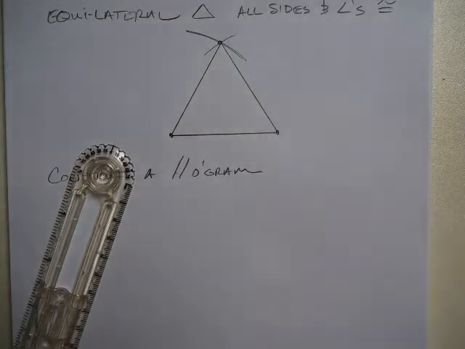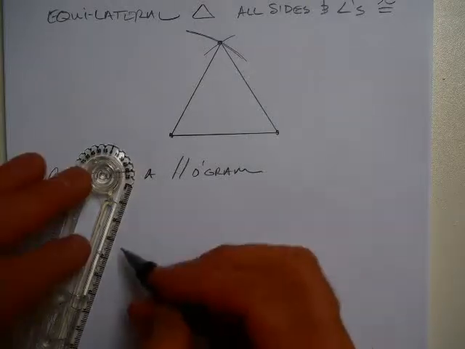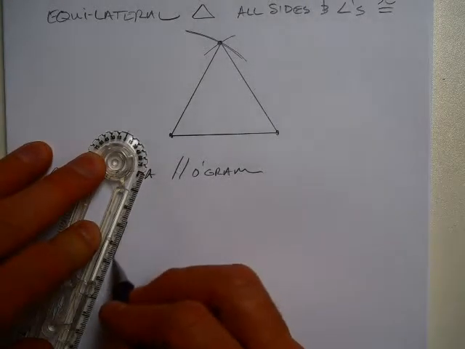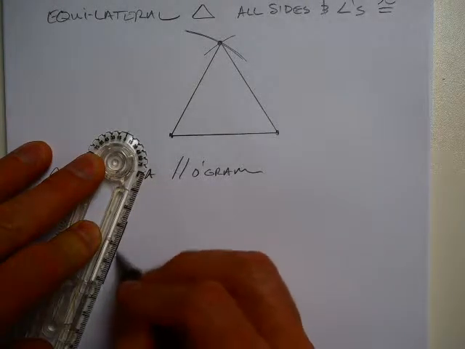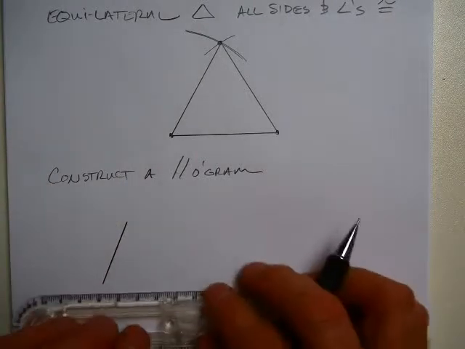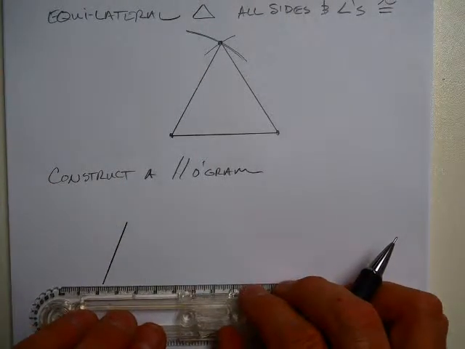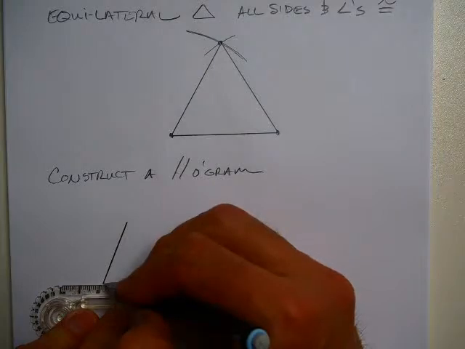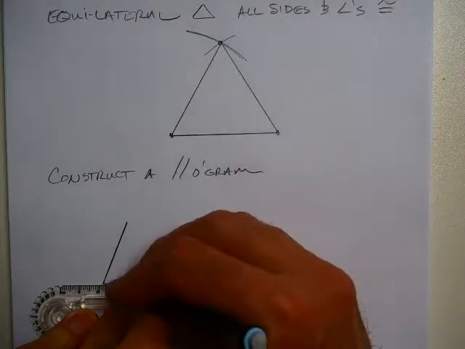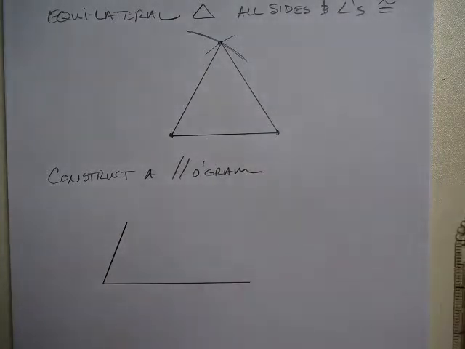So to do a parallelogram, what we need to do is we need to start with an angle. But the sides of the angle have to be different lengths. So I'm just going to make an acute angle here. One side will be kind of long and the other side will be kind of short, a little shorter. Okay.